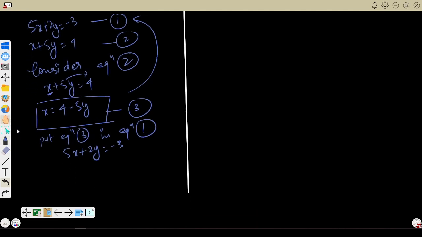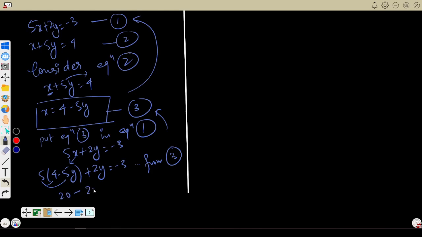In this, x will be replaced with 4 minus 5y, then plus 2y is equal to minus 3. If you want, you can write from 3, because I have replaced the value of x with 4 minus 5y, which is already given in equation number 3. If you multiply this 5 inside the bracket, this will be 20 minus 25y plus 2y is equal to minus 3.